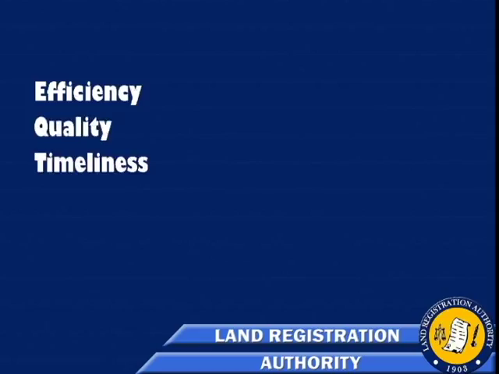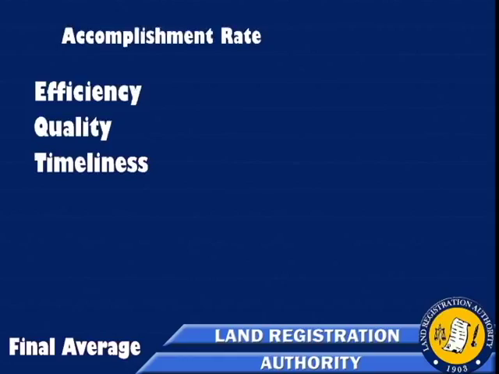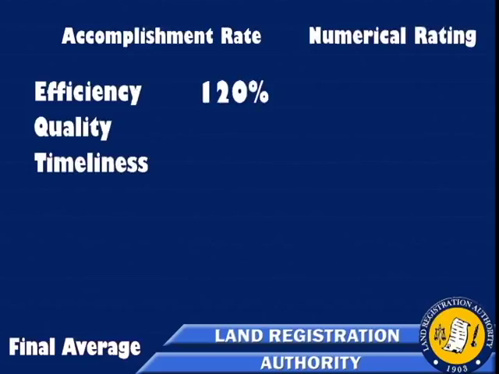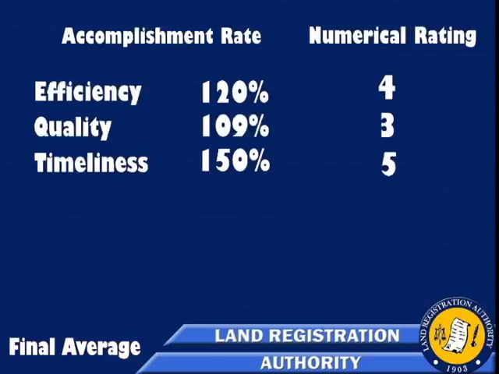After computing for the efficiency, the quality, and timeliness, we will now compute for the final average. In our previous example, the accomplishment rate for efficiency is 120% and its equivalent numerical rating is 4. On the quality, the accomplishment rate is 109% and the numerical rating is 3. On the timeliness, the accomplishment rating is 150% and the equivalent numerical rating is 5.